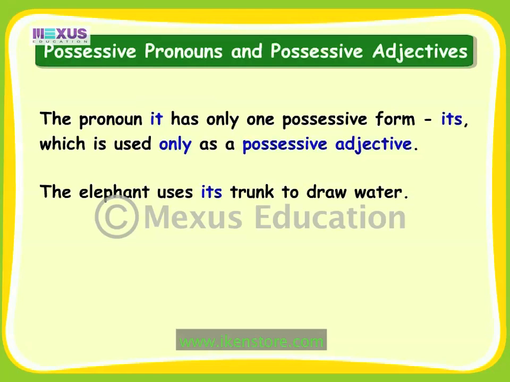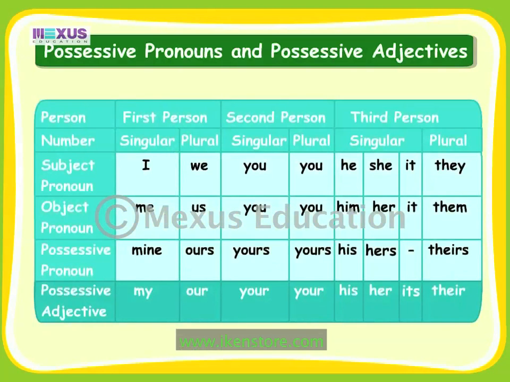Here, its is used as a possessive adjective. Let us look at the table with possessive adjectives added in the last row. My, our, your, its, his, her, and their are possessive adjectives.